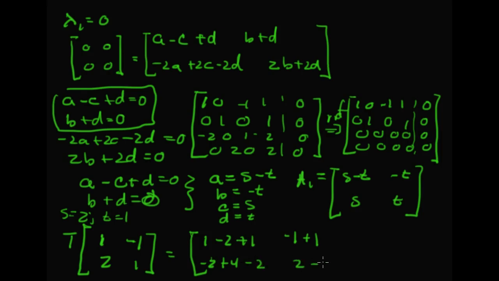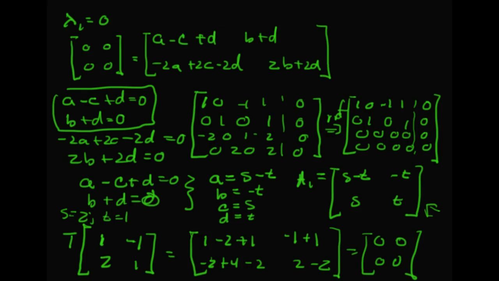And then 2 minus 2 makes this whole thing 0, 0, 0, 0. Which means that if I take 0 times this matrix, I get back this. So the transformation here of any matrix of this form is going to be the same as multiplying the matrix by 0.